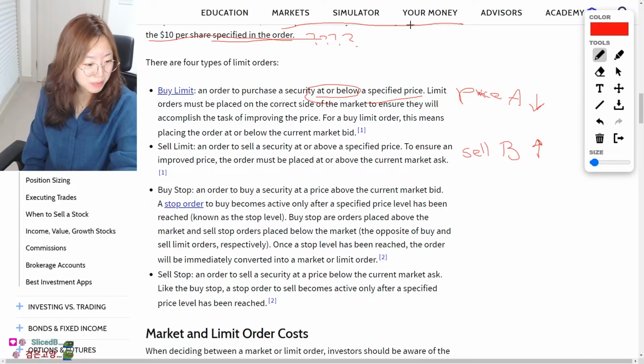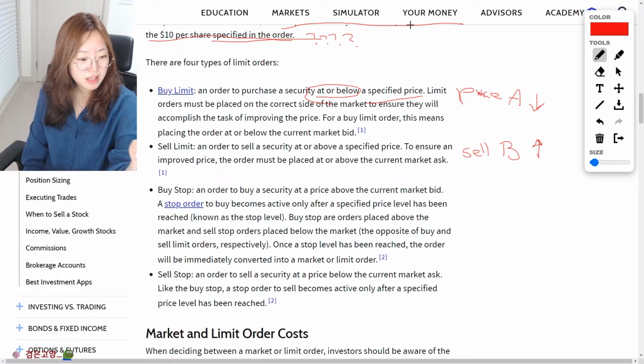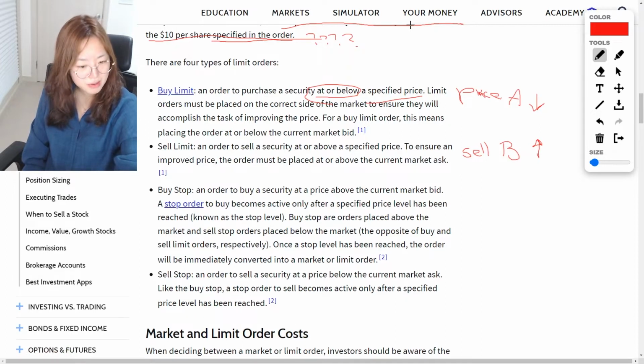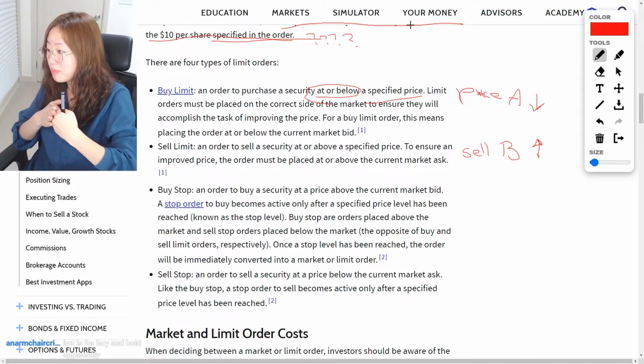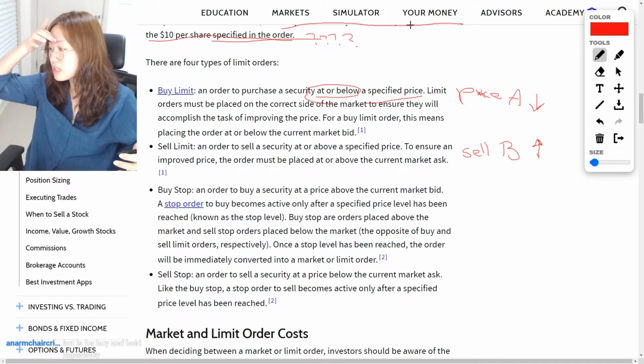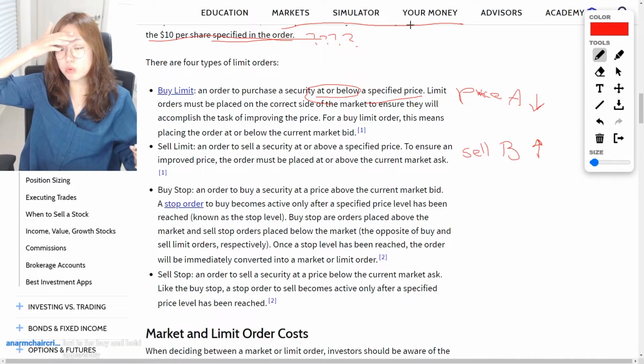So buy stop. In order to buy a security at a price above the current market bid, a stop order to buy becomes active only after a specified price level has been reached. So you keep buying until you reach a stop. Limit is for buy and hold apparently. 그렇겠지.